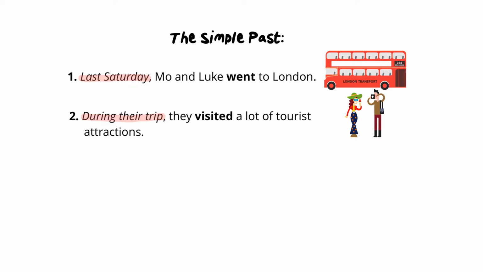Here, during their trip indicates the period of time in the past, which is last Saturday from sentence number 1. These expressions or words are so-called signal words.